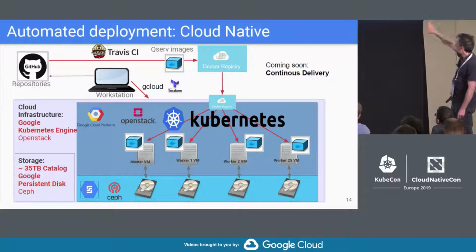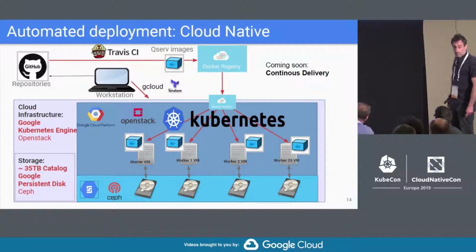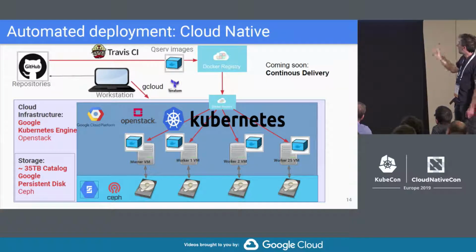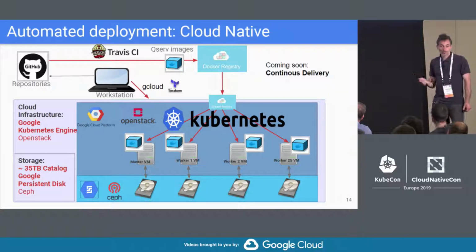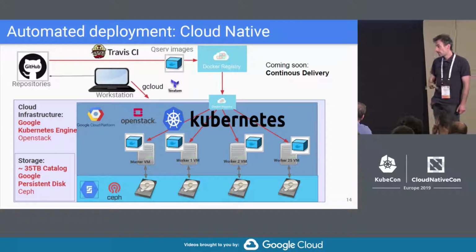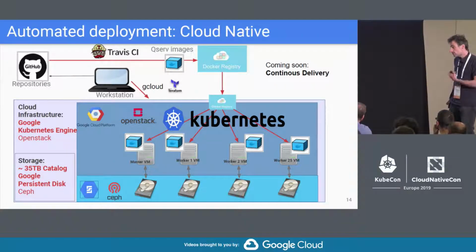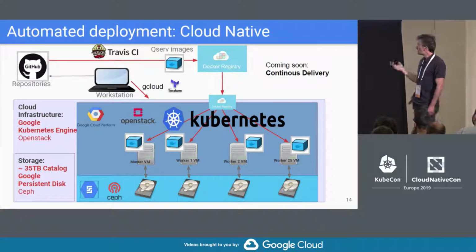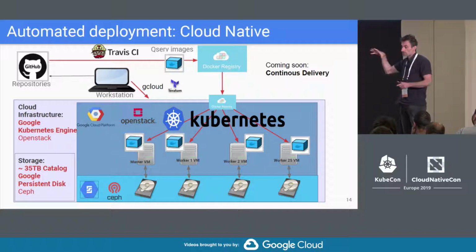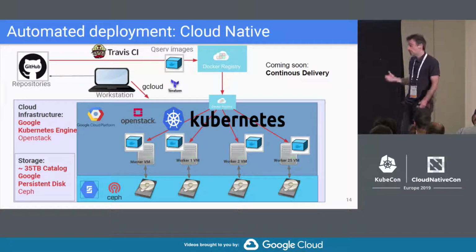Then you can spawn a cluster in the cloud, and then you use kubectl, launch a Qserv start script, and it will spawn the containers on the cluster. So you have two actions. First, you push your code. Second, you start the cluster and launch a container, or you can use an existing cluster.